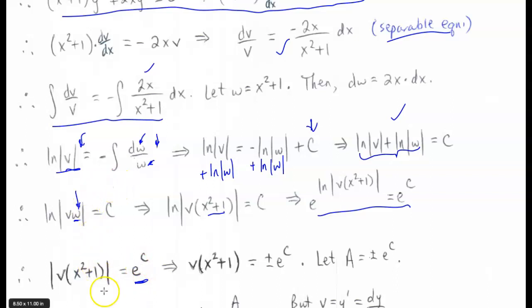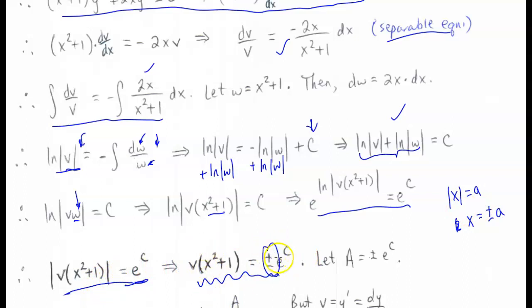Now, the other thing to notice is that when we go from this step to this step, we are using the absolute value properties. Mainly, if I know that the absolute value of x is equal to a, that means x is either equal to plus or minus a. So that's what I'm using to get this plus or minus on this side, okay?